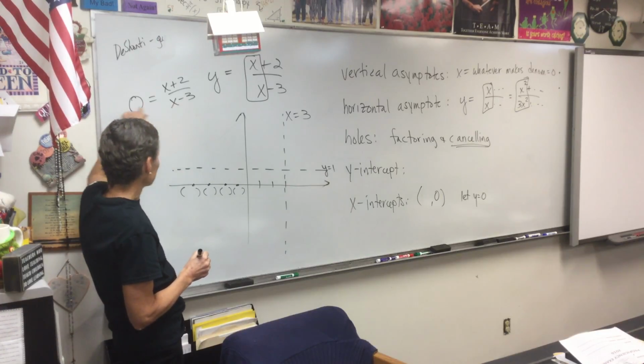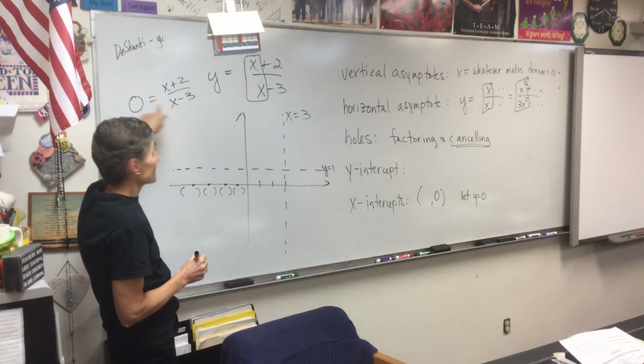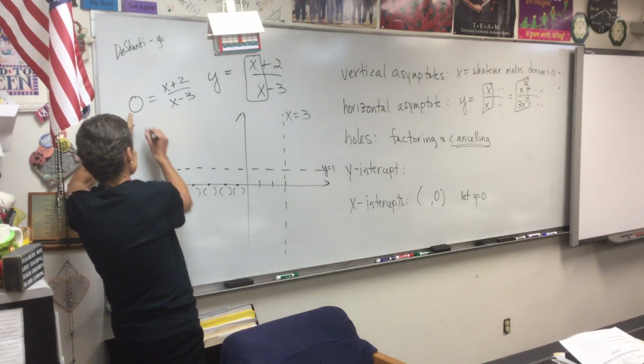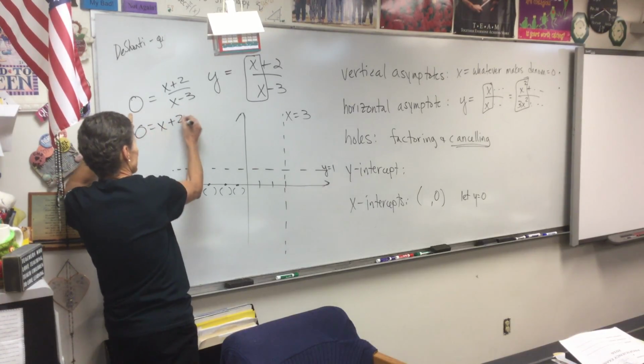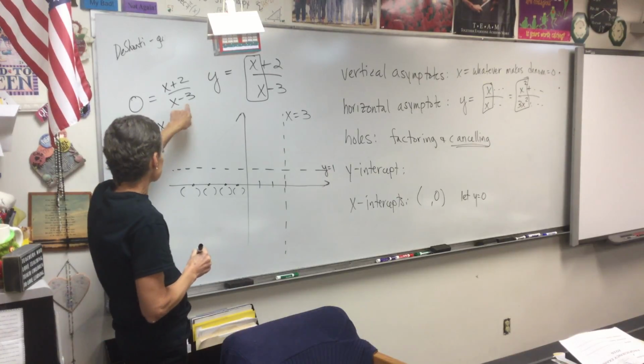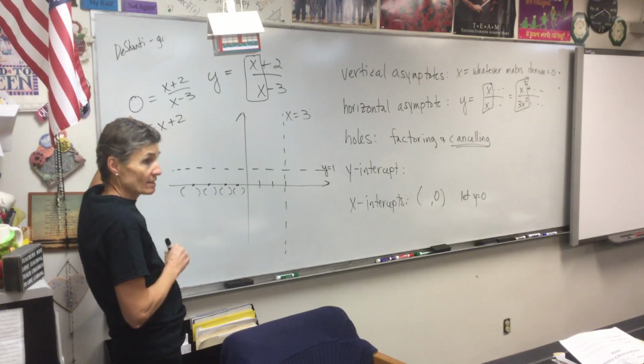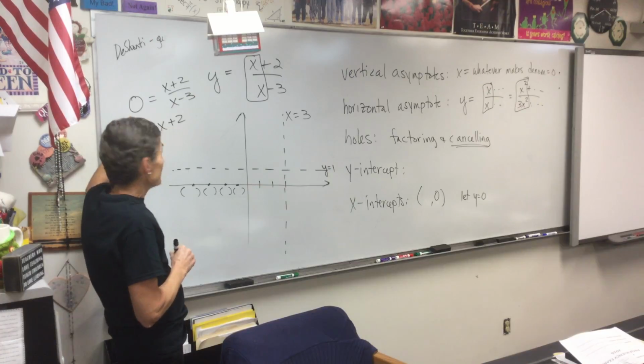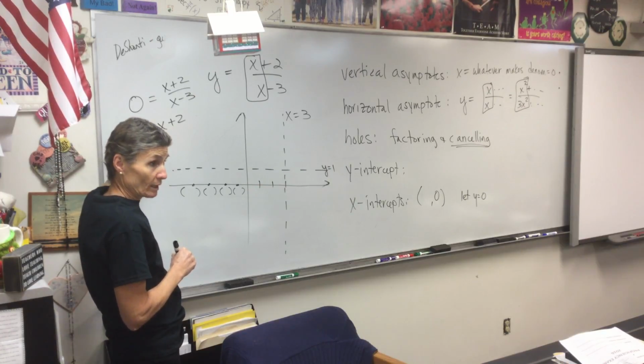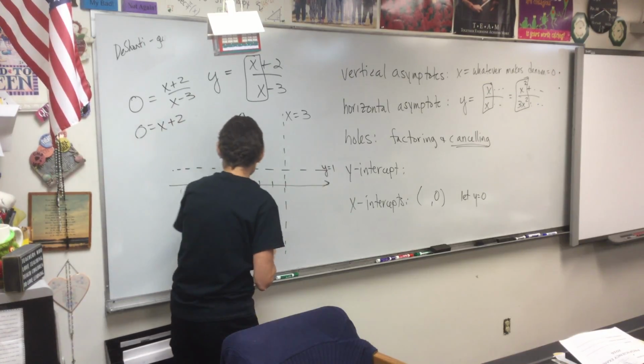Now be careful, I'm multiplying this over to here. It's still 0. So basically the denominator disappears, doesn't it? Because when I multiply by 0, it's still just 0. So x is going to end up equaling -2.